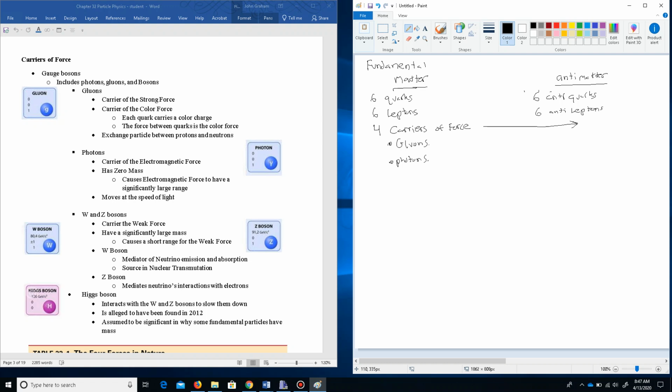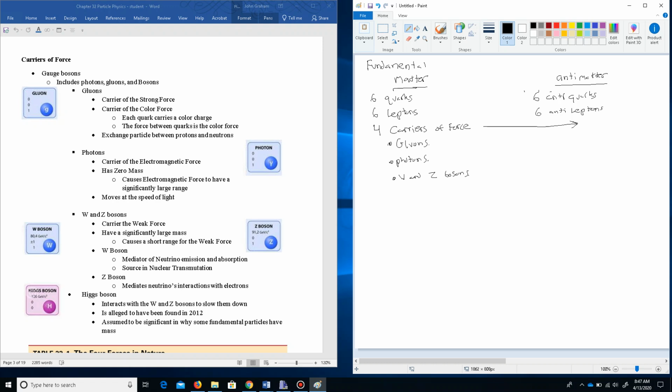Then we have the W and Z bosons. These are carriers of the weak force. They have significantly large mass. So these actually do have mass.